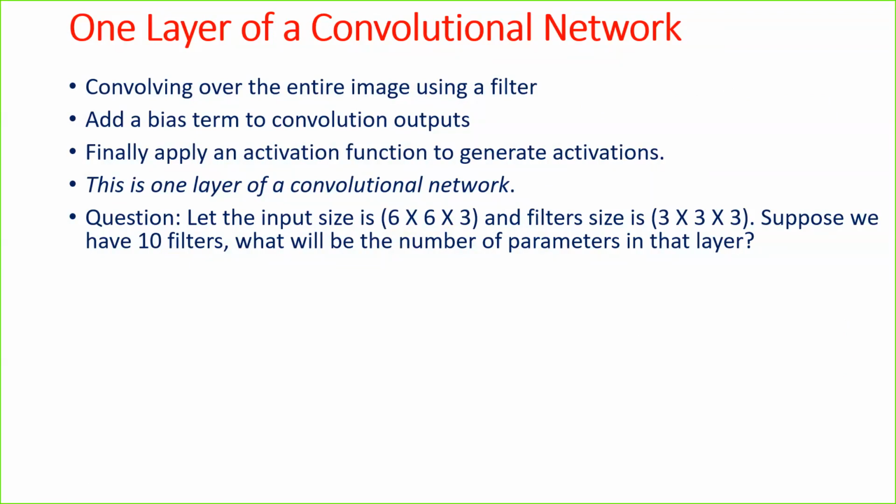Now a question to you. Let the input size be 6 by 6 by 3 and the filter size be 3 by 3 by 3. Suppose we have 10 filters. What will be the number of parameters in that layer? How many parameters for one filter? 3 times 3 times 3 is 27, plus the bias term, right?